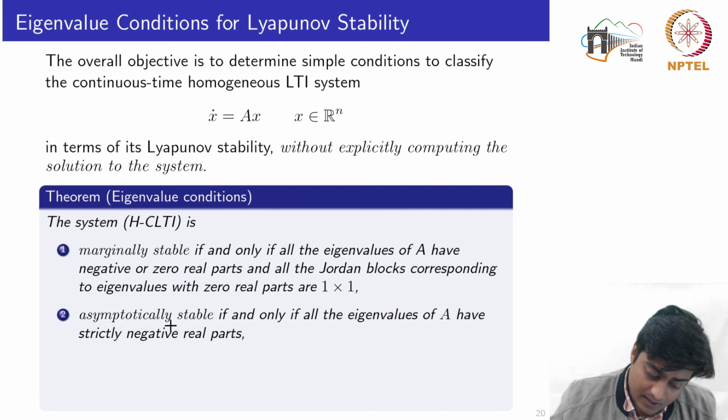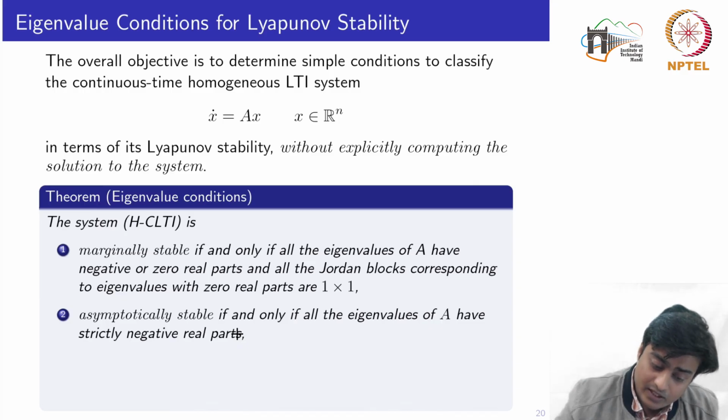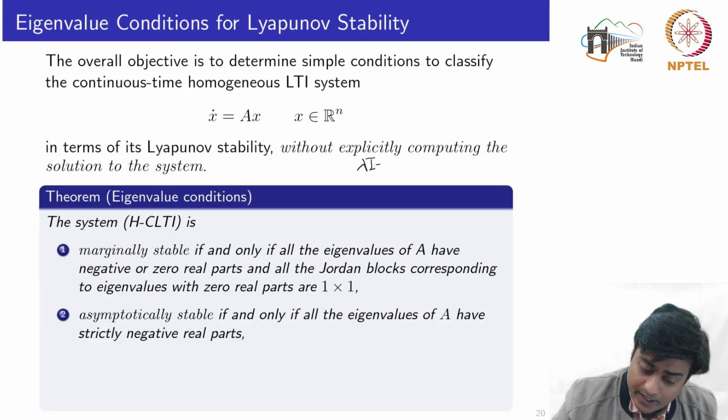The system is asymptotically stable if and only if all the eigenvalues of the matrix A have strictly negative real parts. Now just to recall computing the eigenvalues of the matrix A, let's say we have this matrix A. You can compute the eigenvalues by taking lambda I minus A, where I is the identity matrix of the same dimension as A, and then computing the determinant of this matrix.